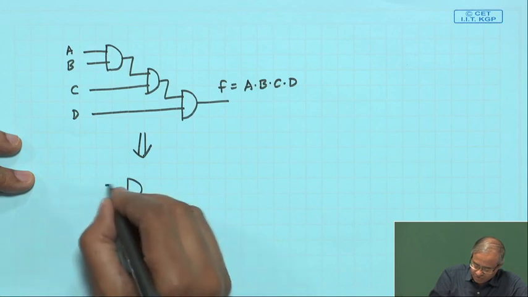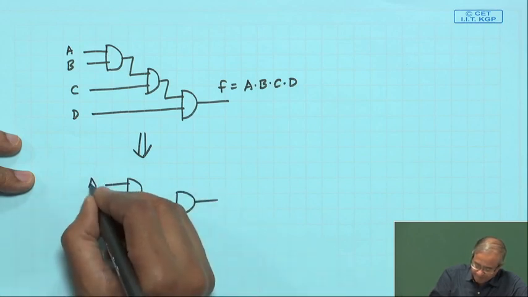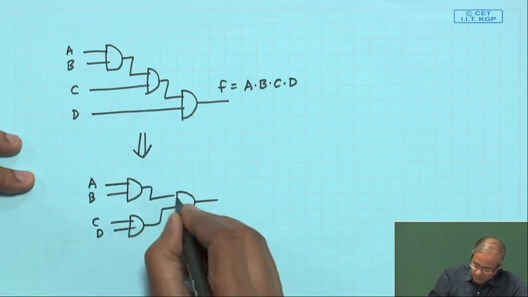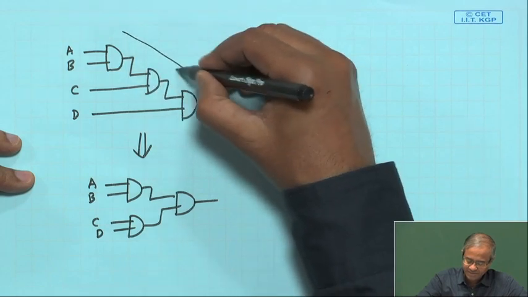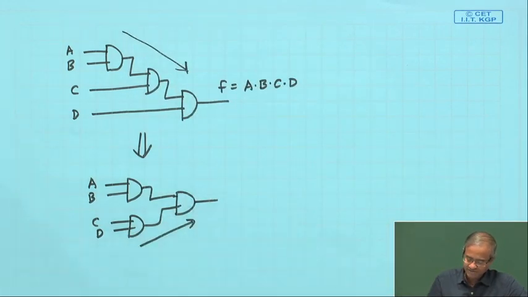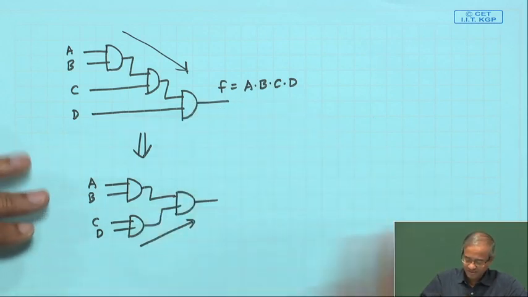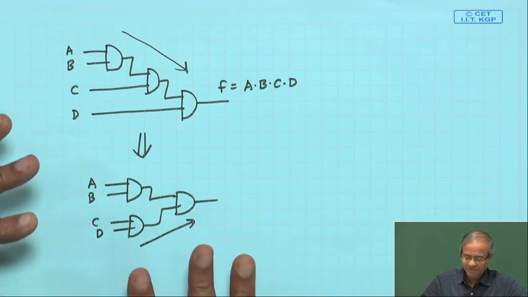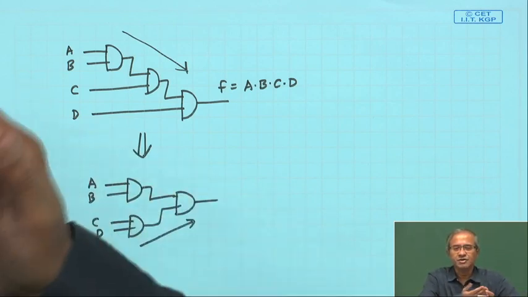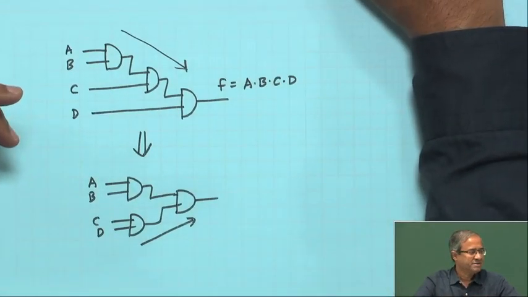These two are functionally equivalent. Here the delay was 3 levels of gates, now the delay is 2 levels of gates. This kind of restructuring of the netlist is also a very simple way to reduce the delay of a circuit. Now, we shall see other methods also later, how we can enhance the delay of a circuit, that we shall be discussing later.